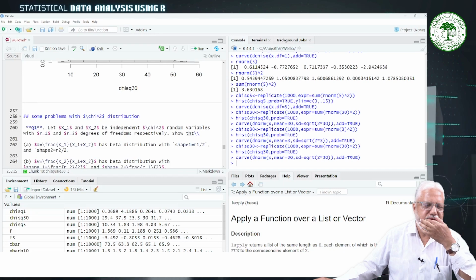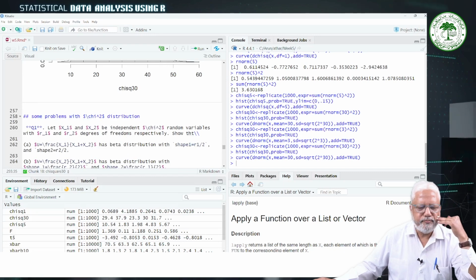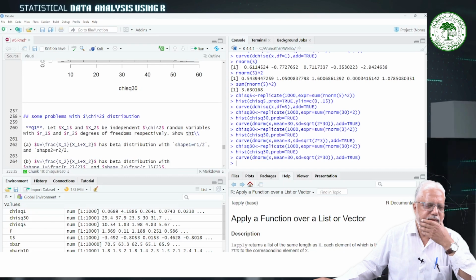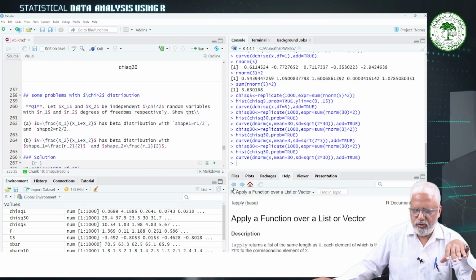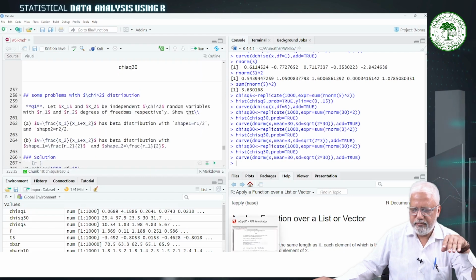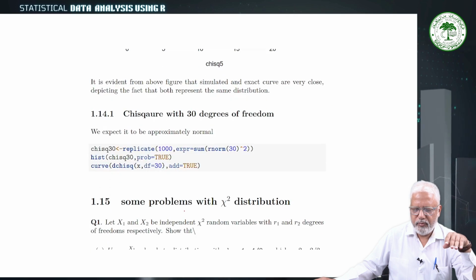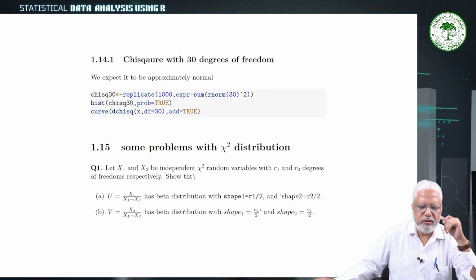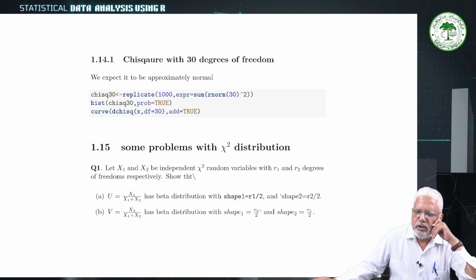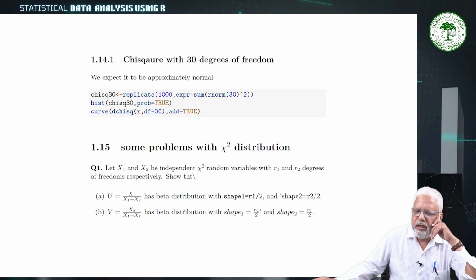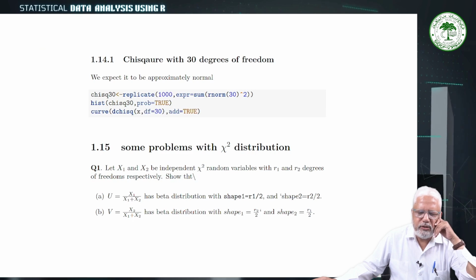Some problems I am going to discuss. See, some problems with chi-square distribution. Question number 1. I would like to read in the PDF. Let x1, x2 be independent chi-square random variables with R1 and R2 degrees of freedom respectively.